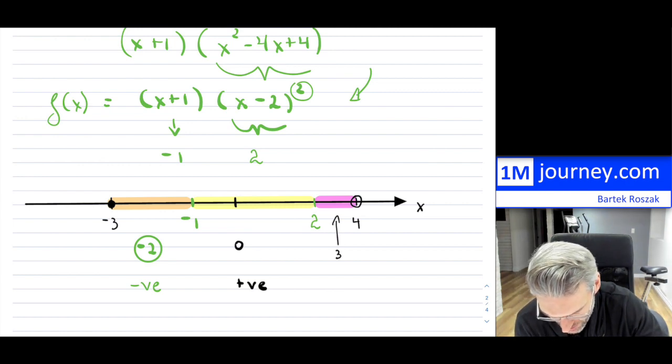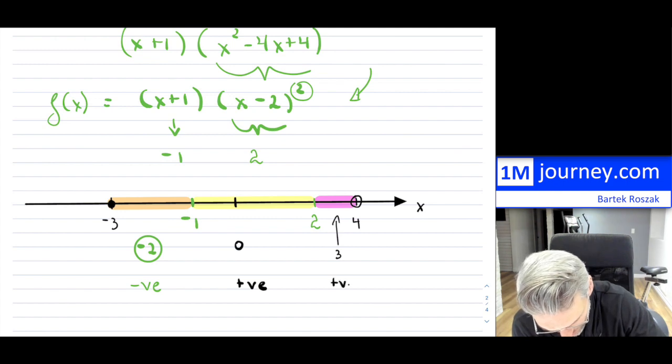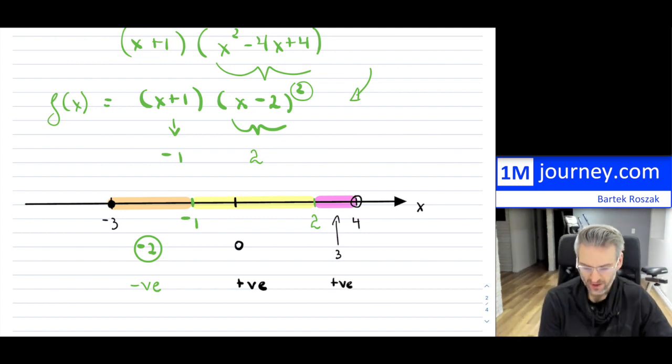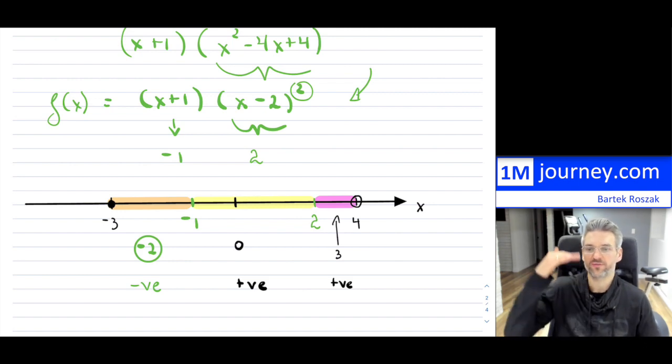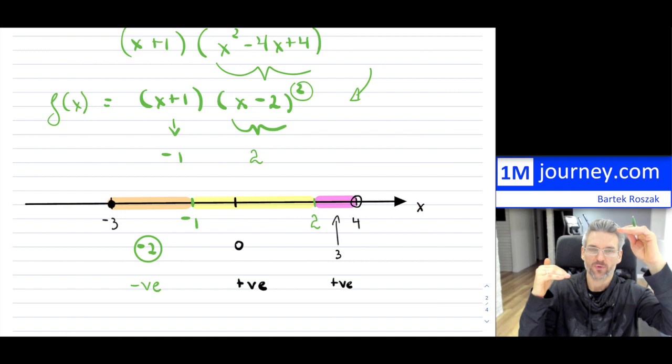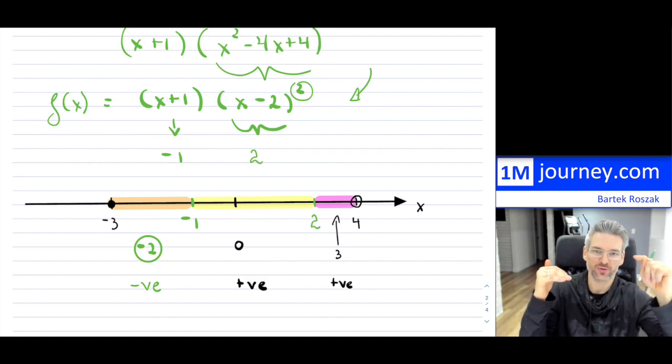Now that 3, as you substitute it in, again, this looks like it's going to be positive, okay, above here. So just from this information, you already know that the function is going to be below the x-axis between -3 and -1, but it's going to be above, right, for the entire duration, except at 2, where it's equal to 0. So that means it actually never crosses through 2. So it looks like it touches.